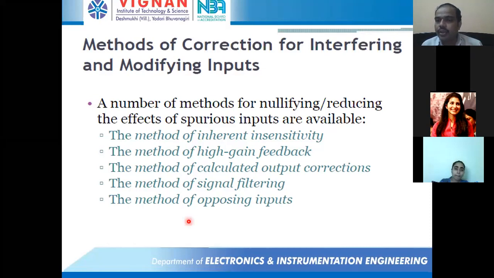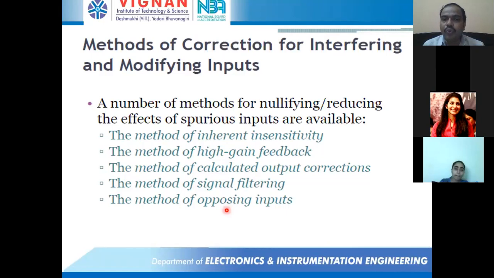Just note them down: methods of inherent insensitivity, method of high gain feedback, method of calculated output corrections, method of signal filtering, and the method of opposing inputs.